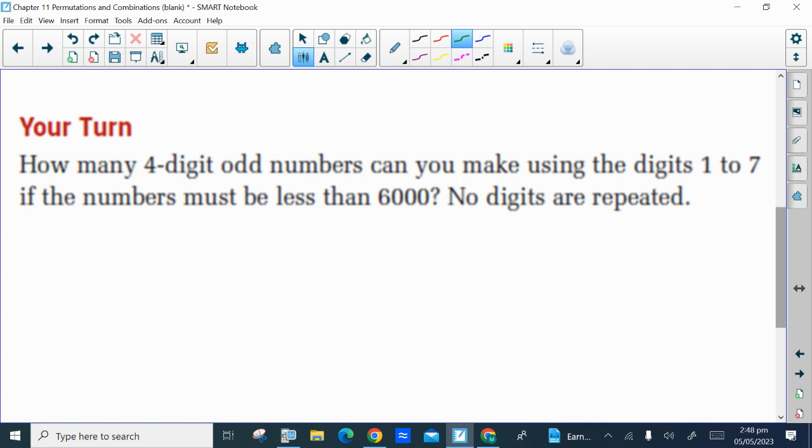How many 4-digit odd numbers can you make using digits 1 to 7 if the numbers must be less than 6,000 and no digits are repeated? Again, we've looked at ones like this before, because we're going to have to look at 2 scenarios. The first scenario would be if the first digit is even, or if the first digit is odd.